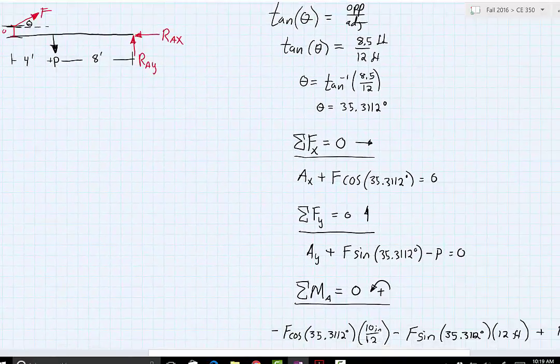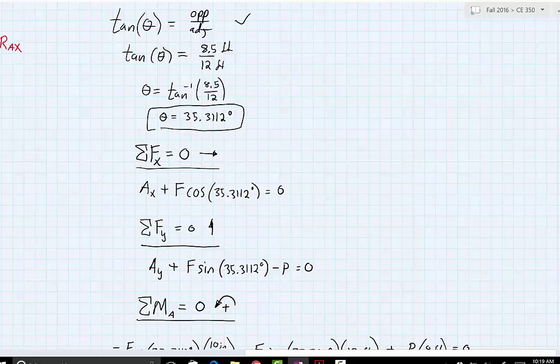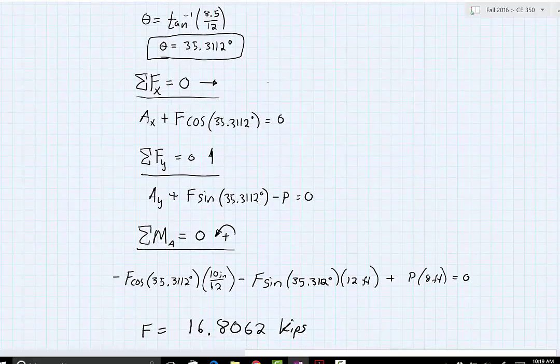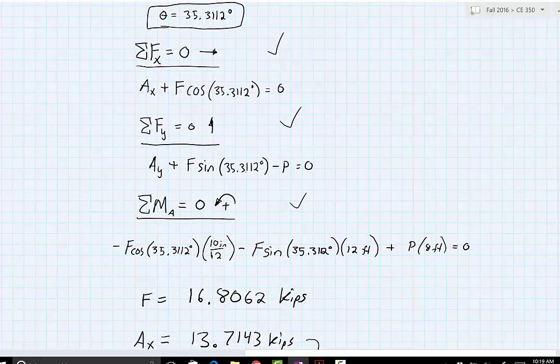In this case, what I've done is I already solved for it, so we're just going to go ahead and walk through it. What I did is solved for, using trig, our theta that F is acting at. And then I used our 3 equations because we had 3 unknowns. And with these 3 equations, you have to use substitution methods to be able to solve for the forces and the unknowns.